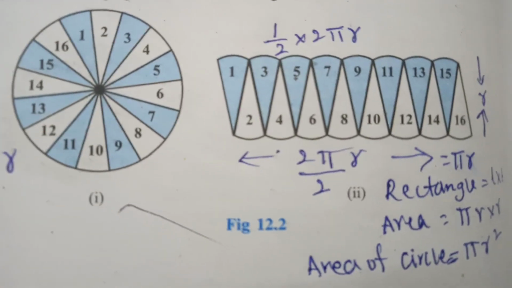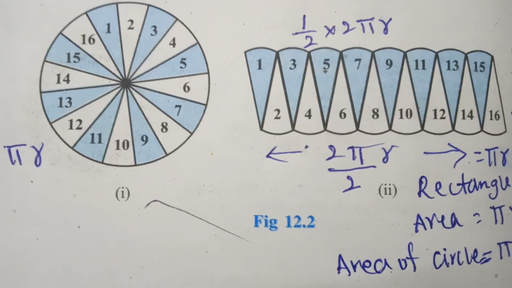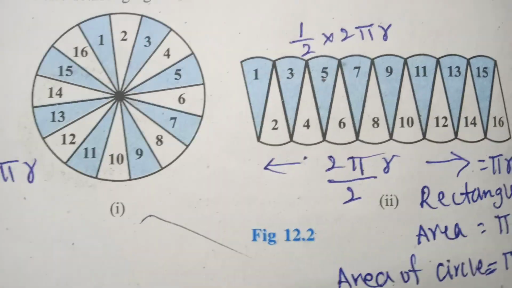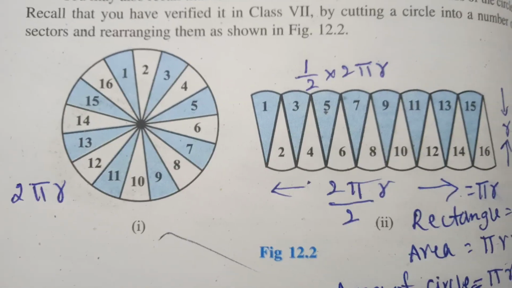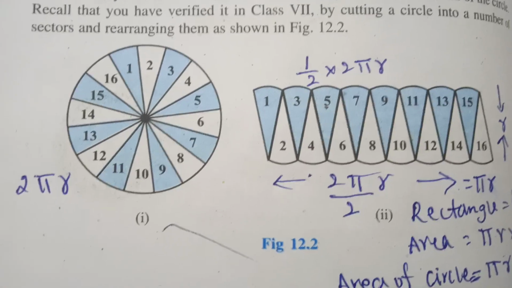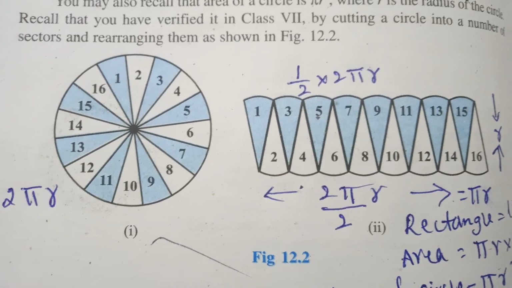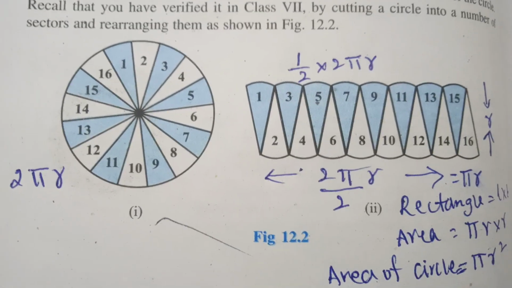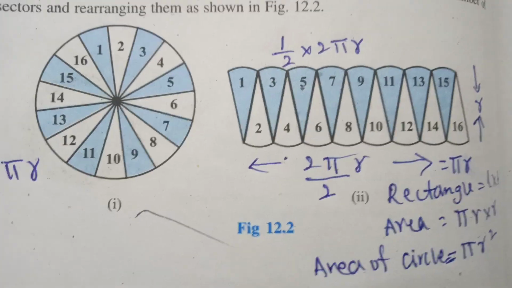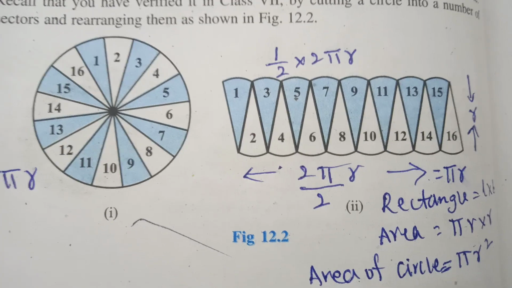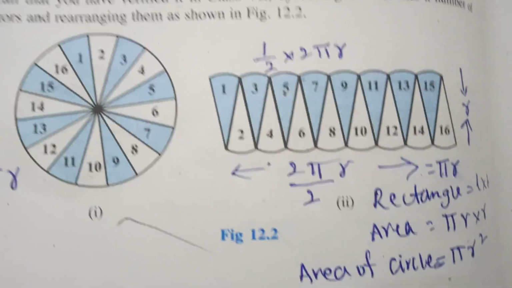Those sectors have been arranged in the shape of a parallelogram, or we can say a rectangle. Now the circumference is divided into two halves, upward and downward, and half of the circumference became the length of the rectangle, and the breadth of the rectangle became the radius of the circle.